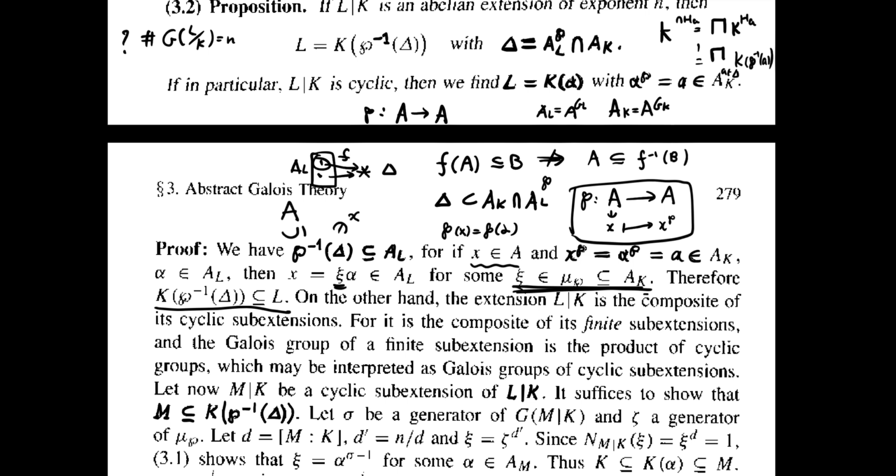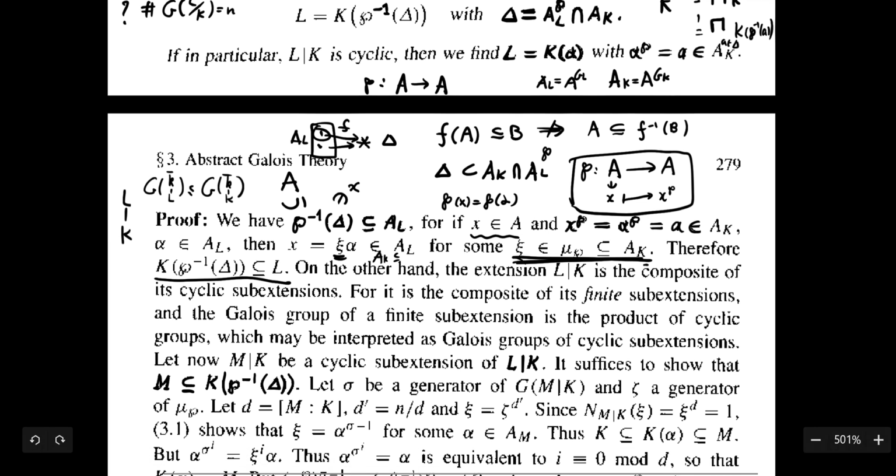And this is because AK itself is containing AL. L is a bigger field and so the Galois group is smaller, and so the fixing point is bigger. Therefore we have this.